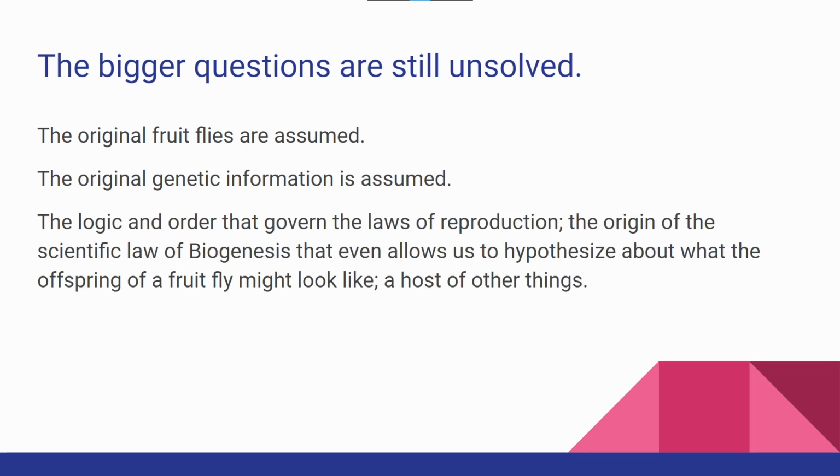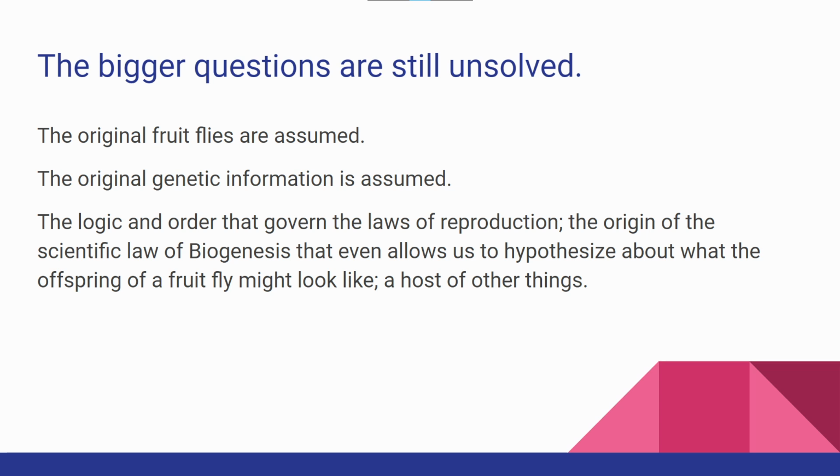Not to mention the logic and order that govern the laws of reproduction, the scientific law of biogenesis that even allows us to hypothesize about what the offspring of a fruit fly might look like, or a host of other scientific things that are just assumed in these experiments. Everything we've looked at this quarter so far was just assumed. And even when they just assumed that, they still can't get it to work.